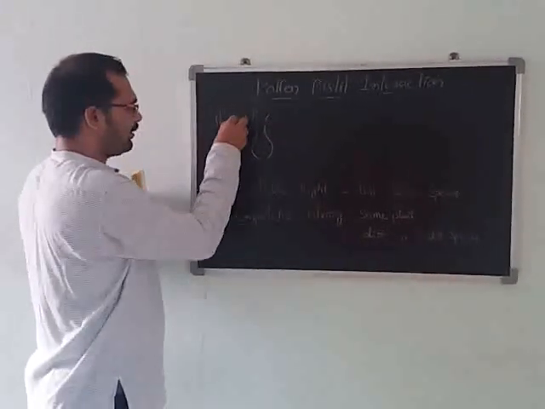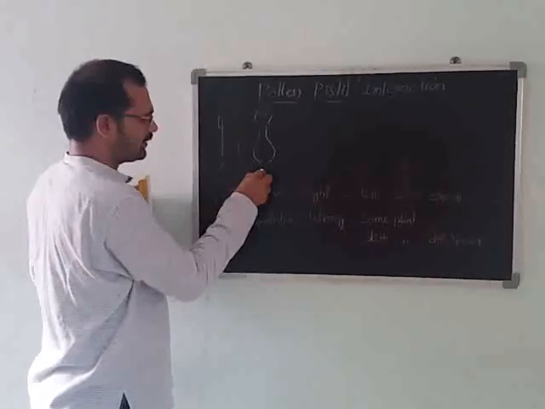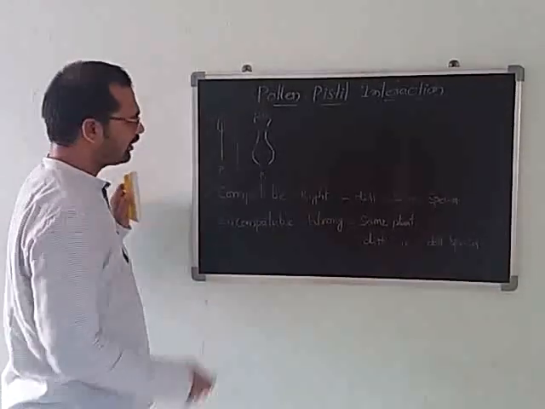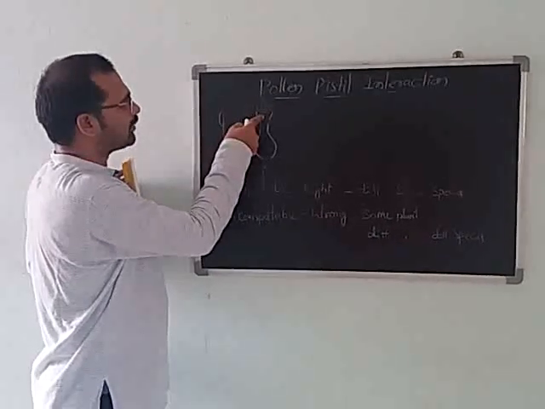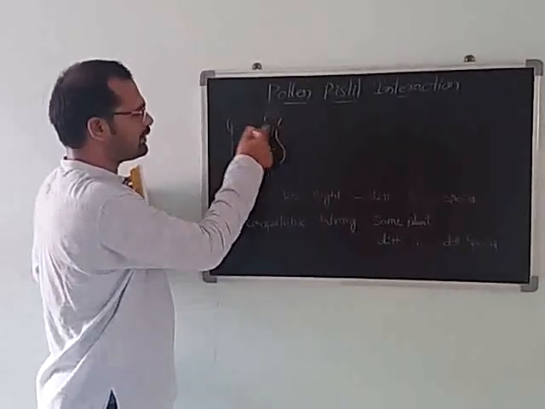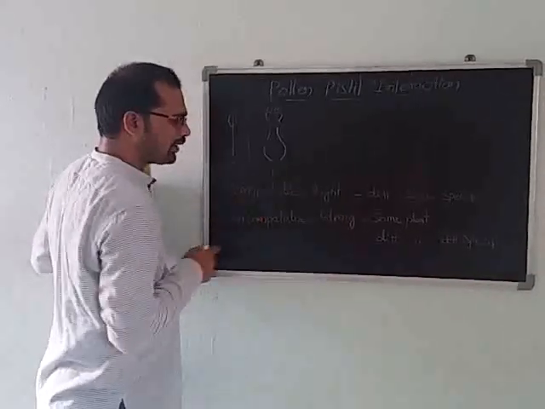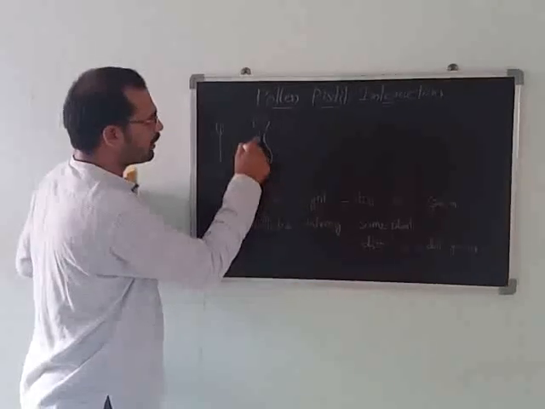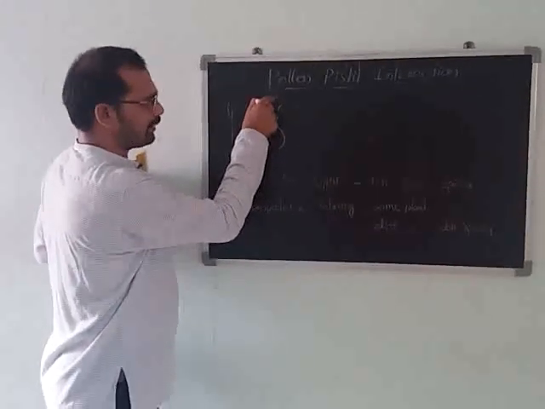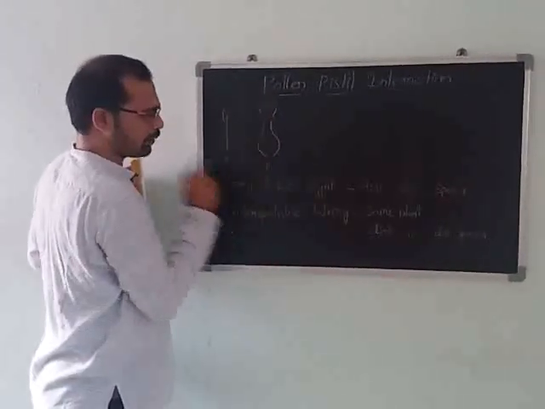For example, this is one plant and this is another plant. One plant's pollen grain is transferred to the stigma of the other plant, but of the same species. We call that the right type. If the right type of pollen grain reaches the stigma, it is called a compatible pollen grain.